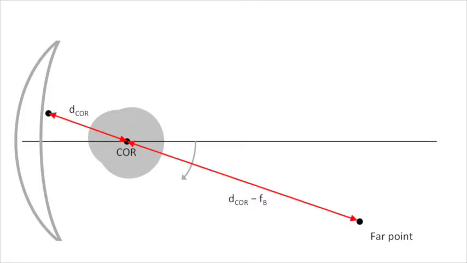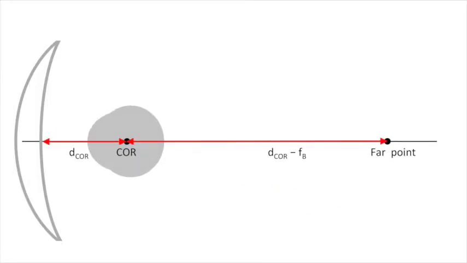What I want you to see here is that the two distances, the two red arrows, maintain the same length. They are invariant. That's because the eye's far point doesn't change with the direction of gaze, and the original distance from the center of rotation to the back vertex of the spectacle lens doesn't change either.